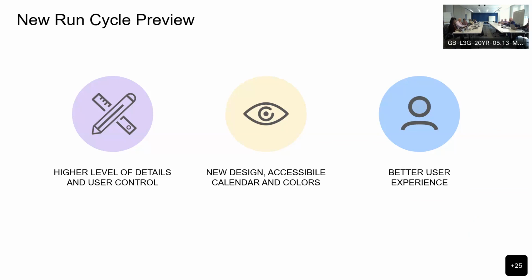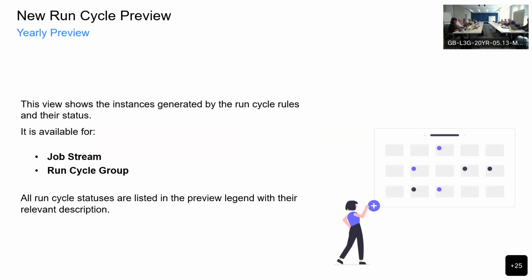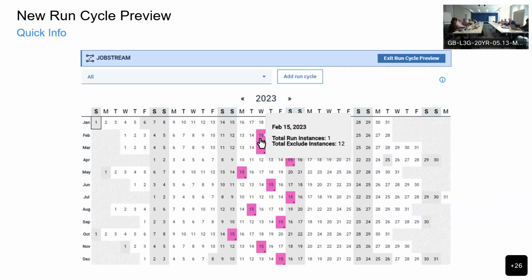We created a design that was also accessible and that could enhance the user experience. It is available for job streams and run cycle groups with slight differences, but both objects integrate this feature, and it's available for both distributed and z/OS environments.